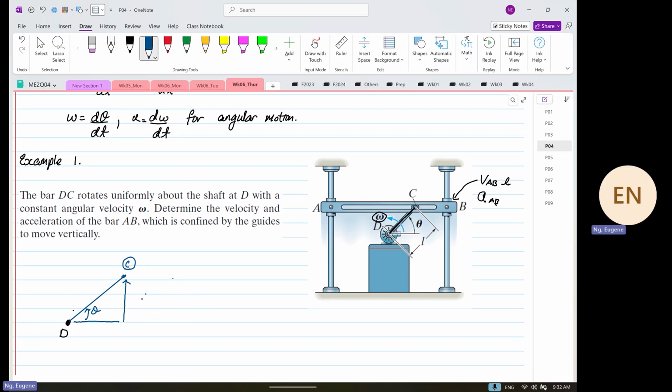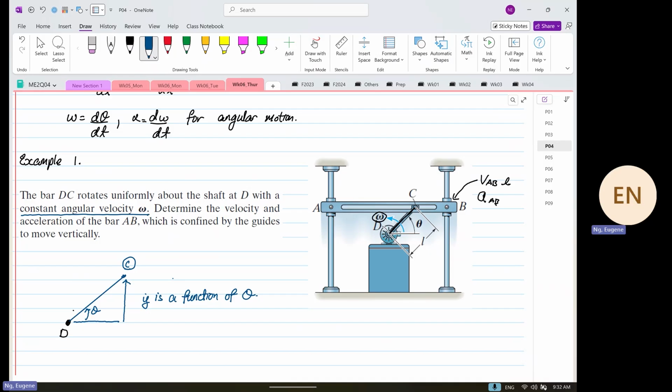Y is a function of theta. Now, given to us that we have constant what? Angular velocity. That is given to us.